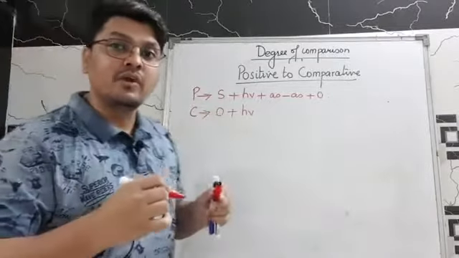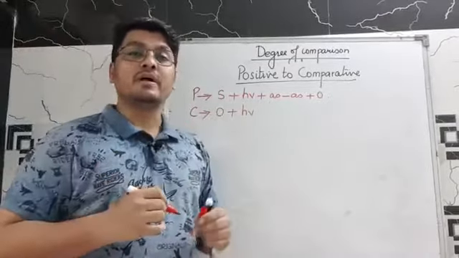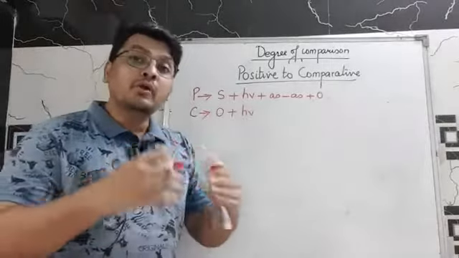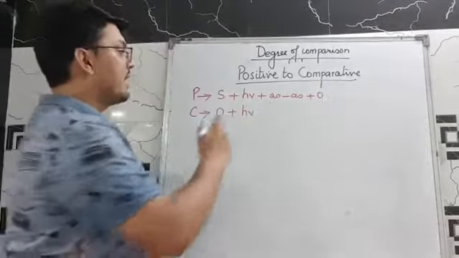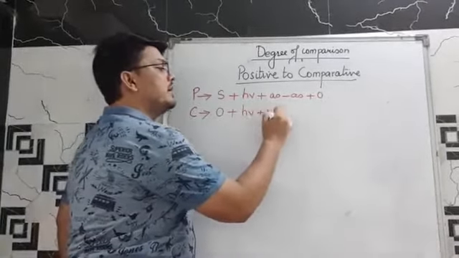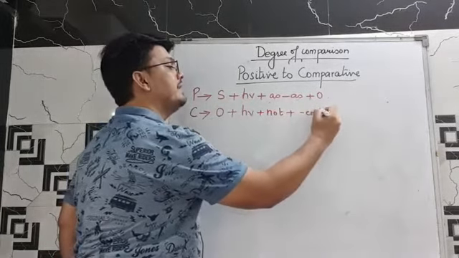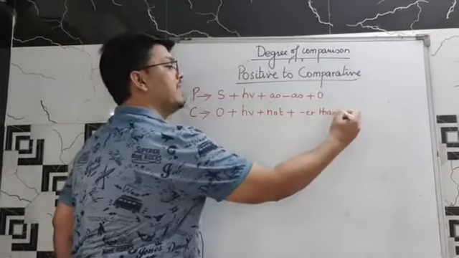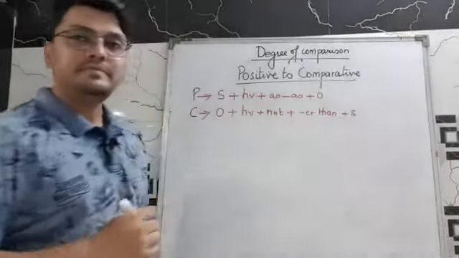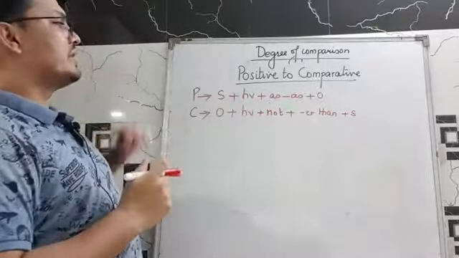If it is singular, you'll use a singular helping verb. If it is plural, a plural helping verb will come. Plus not, plus as will turn into er than, then plus subject. Okay, this is my structure.